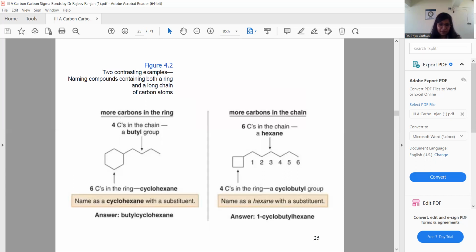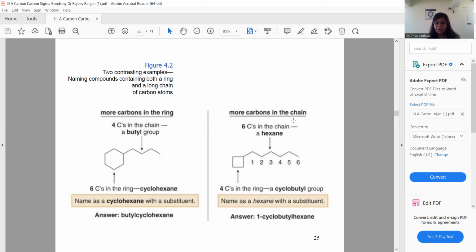Here, we can see more carbons in the ring. There are 4 carbons in the chain, a butyl group, joined to a cyclic group with 6 carbons in the ring, which is prefixed as cyclohexane. The name is cyclohexane with a substituent. So the final IUPAC nomenclature is butyl cyclohexane.